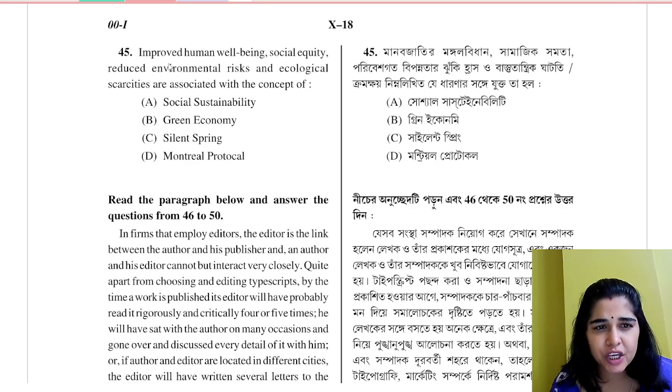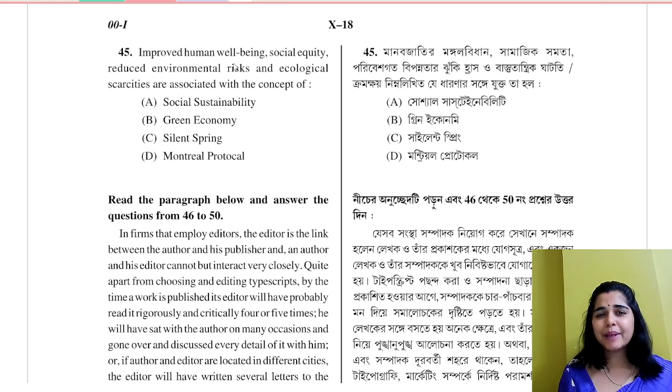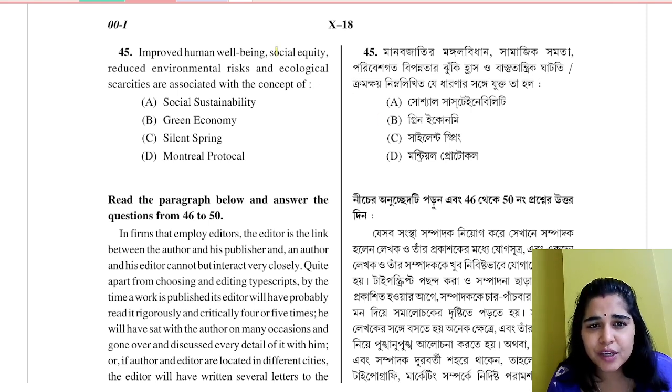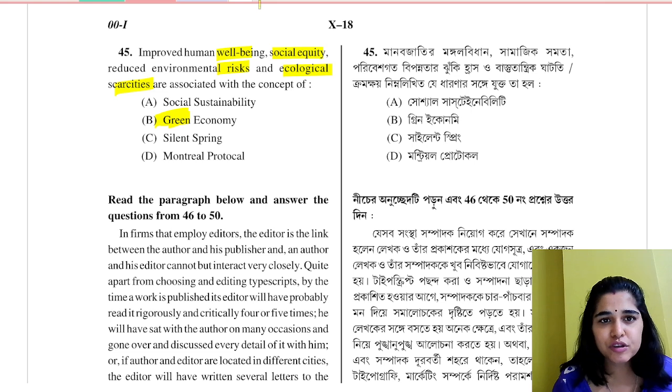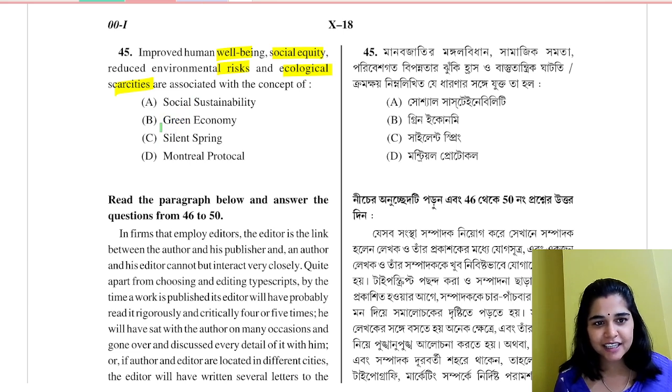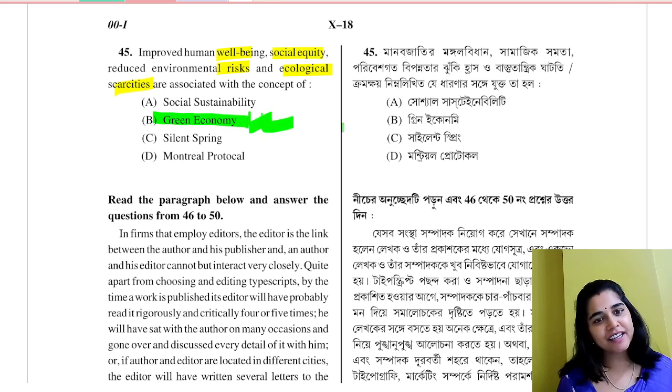Improved human well-being, social equity, reduced environmental risk, all positive things. Ecological scarcities are associated with green. All is green. But why are you using a yellow highlighter? All is green, so you have to apply green. So this will be green.